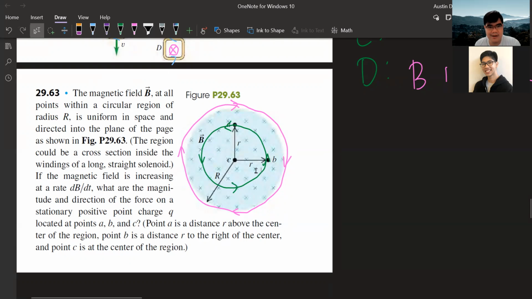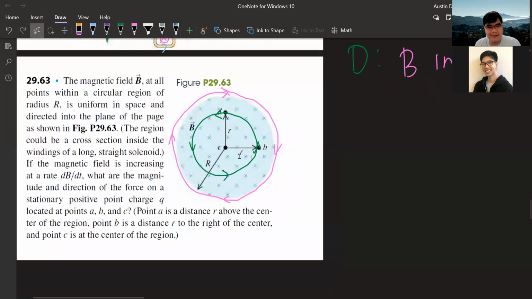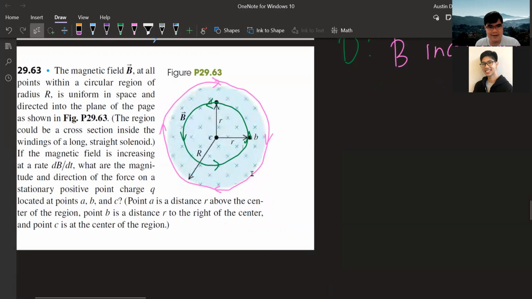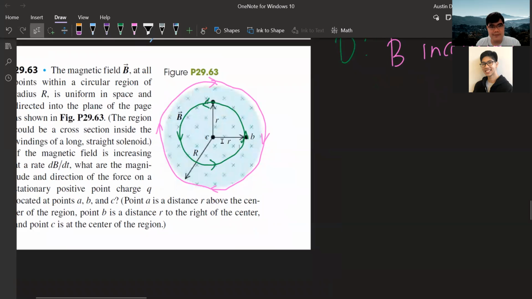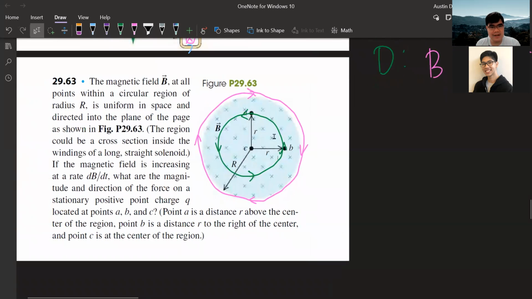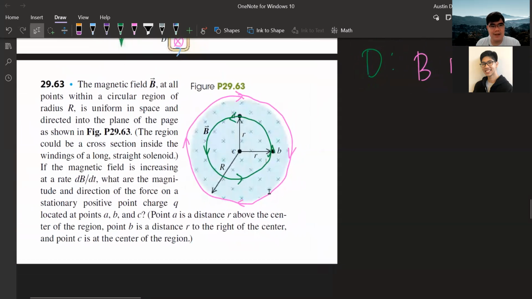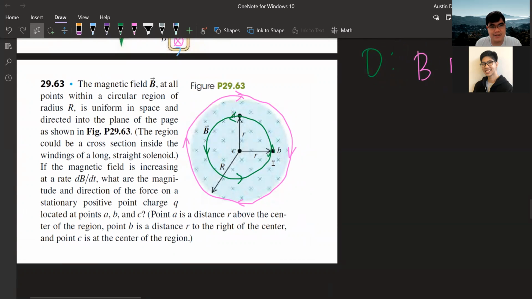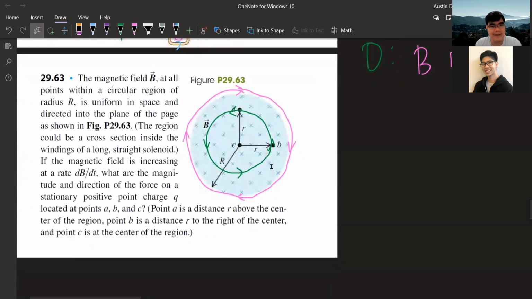Okay? And then, syempre, nagkaroon ka ng current sa wire, no? Sa loob ng wire. Therefore, nagkaroon ka ng electric field inside that wire. Okay? Now, in a similar way, ganun yung interaction ng changing magnetic fields. No?